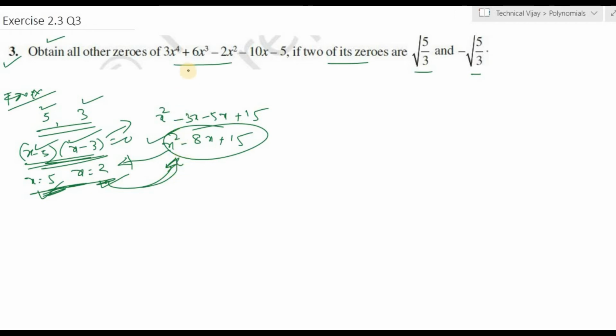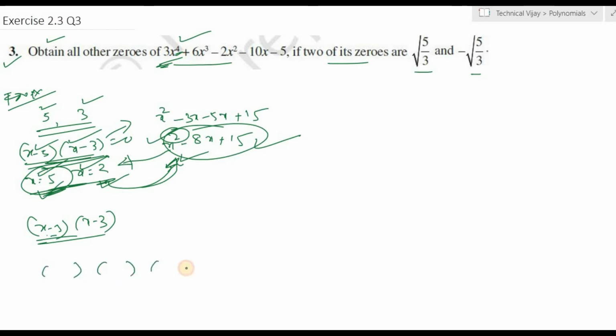So the polynomial he has given, zeros he has given. But the only thing is, see here x minus 5 and x minus 3, only two zeros he has given, and this is a polynomial of degree 2. Here he has given the degree is 4. So there must be 4 zeros, 1, 2, 3 and 4 zeros must be there. And the multiplication of these should be equal to this polynomial.